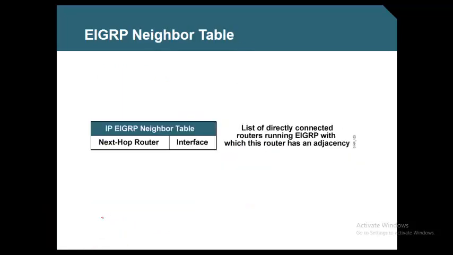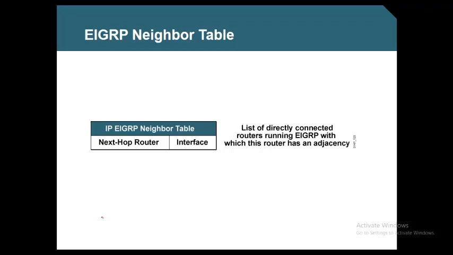EIGRP maintains 3 tables. One, neighbor table. Neighbor table is a table where the established neighbors are maintained. The information about the established neighbor, not the neighbor configured, or not the neighbor which is in negotiation.